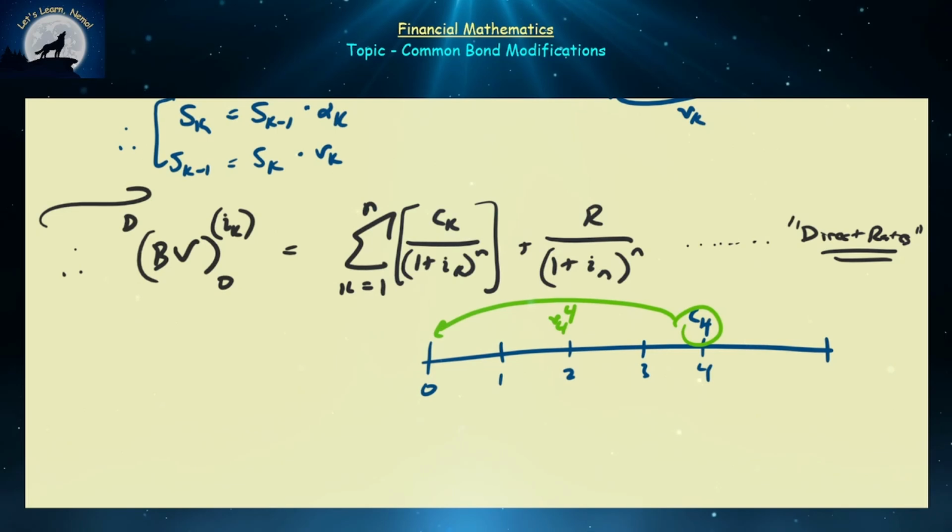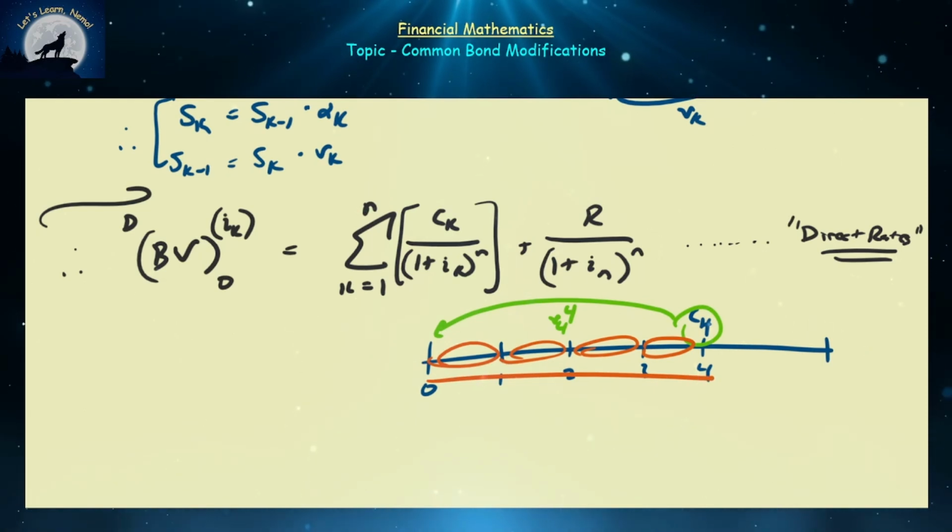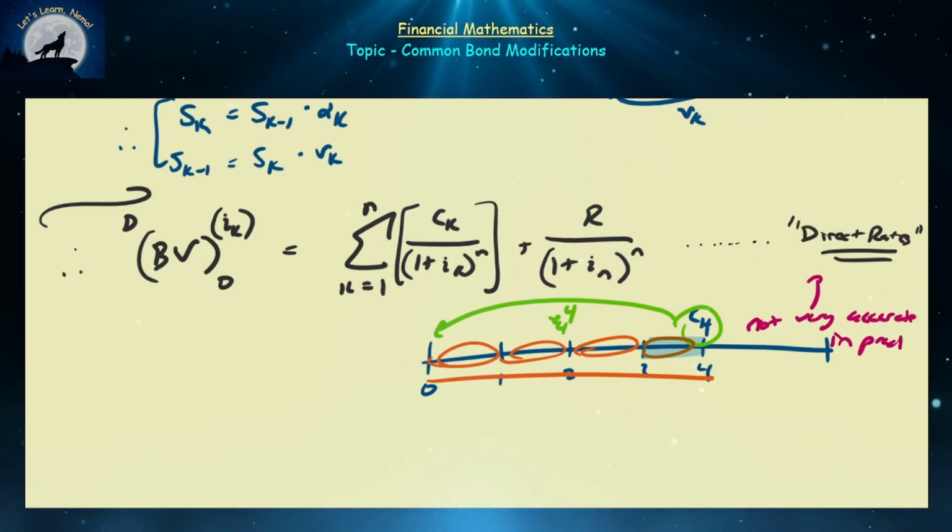But interest rates might change on the intermittent values, and I'm pretty much using i4 as a representative for all of 0 through 4, when in reality, i4 only cares about i3 to i4. So it's very easy to see that this is not very accurate in practice.